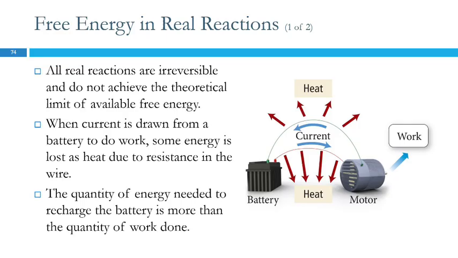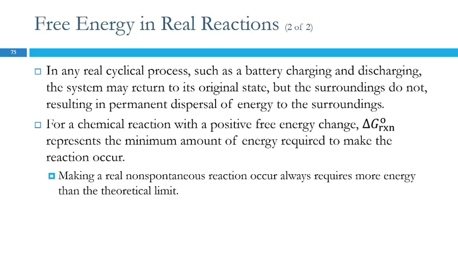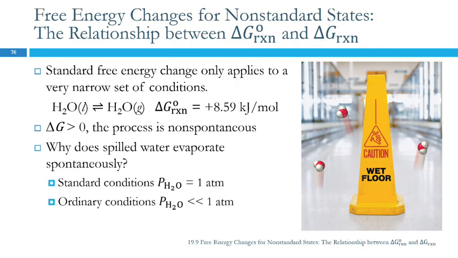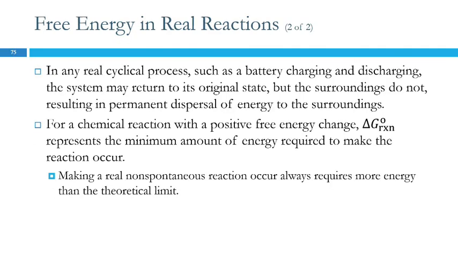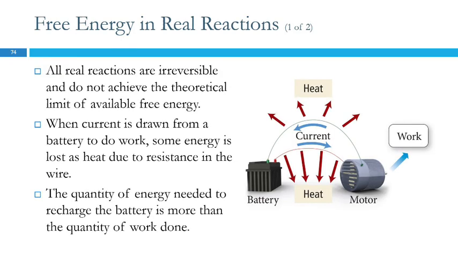And one way we can think of this is as a heat tax. Every time we change energy from one form to another, we're going to lose some of it as heat.